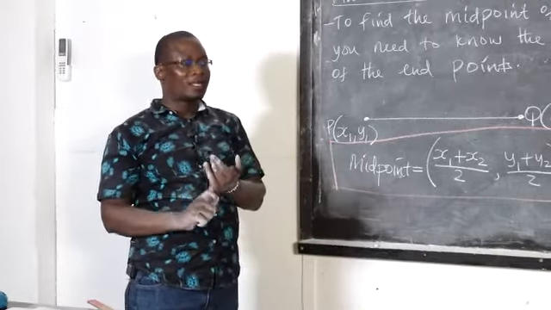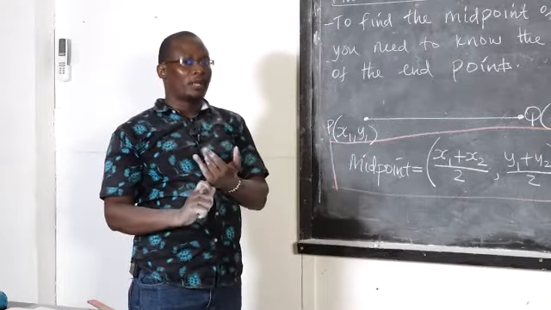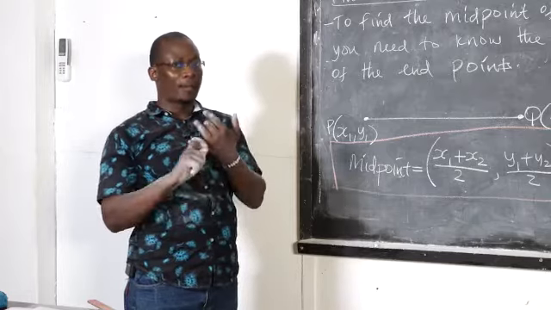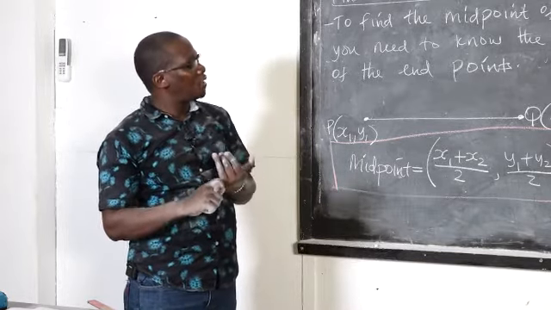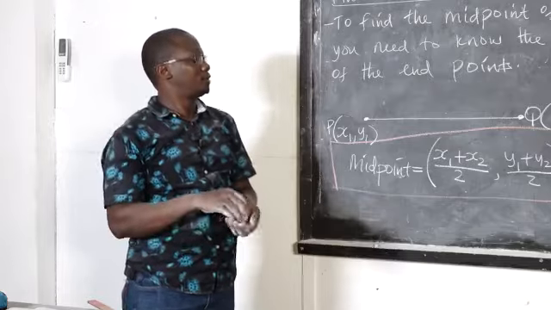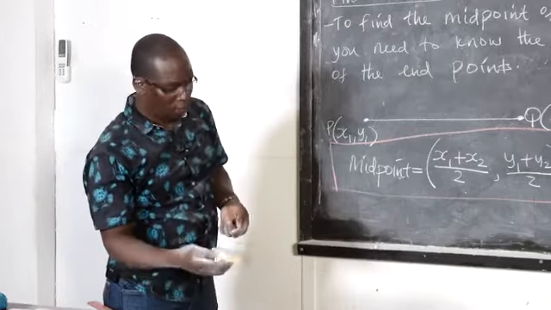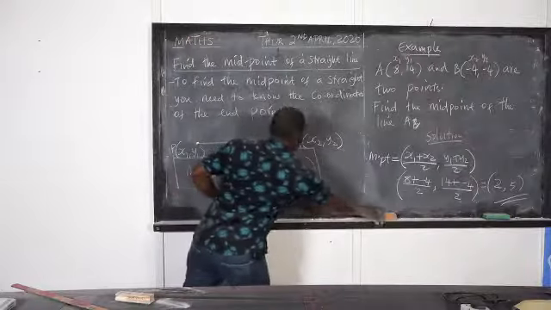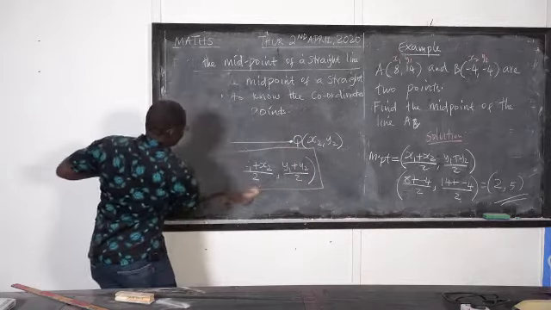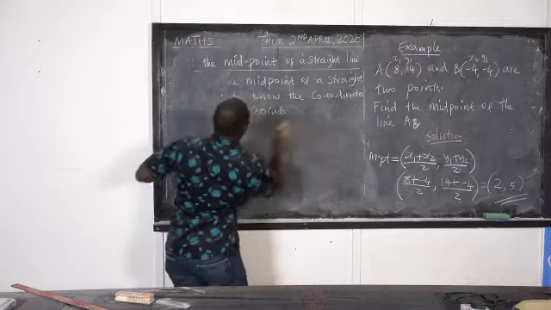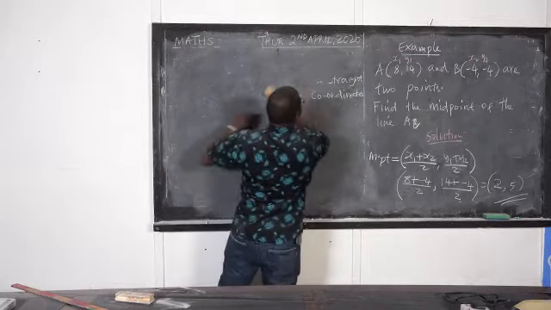You should be able to find the gradient of parallel lines and perpendicular lines, and you should also be able to find the coordinates of the midpoint. So I would give you a small exercise. And try to do this exercise.